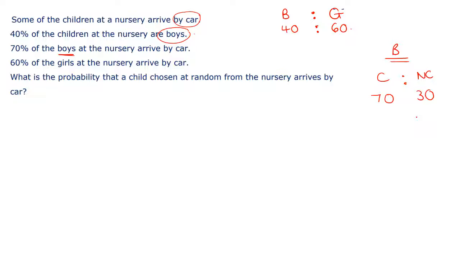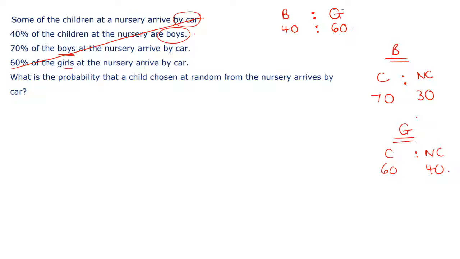So then I'm just going to do the same for the girls. I've got 60% of the girls which arrive by car, and so not by car has got to be 40. So I've not even read the question yet, I've just summarised all that information so it's nice and easy.